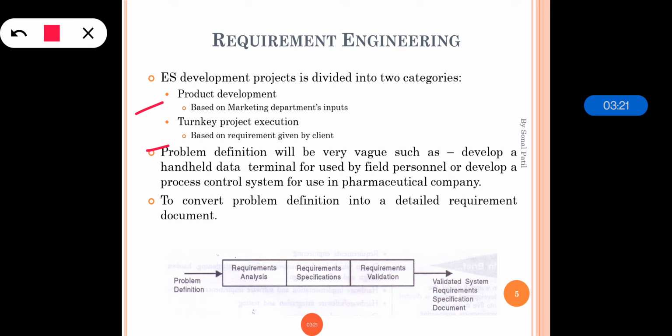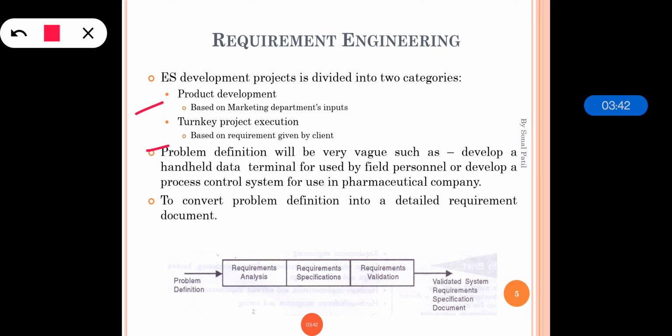Whereas in turnkey projects, we need to develop an embedded system based on requirements given by the client, which are very specific. For both types of projects, you need to write the detailed requirements of the proposed embedded system. This may take a few days or a few weeks depending on the complexity of the project.